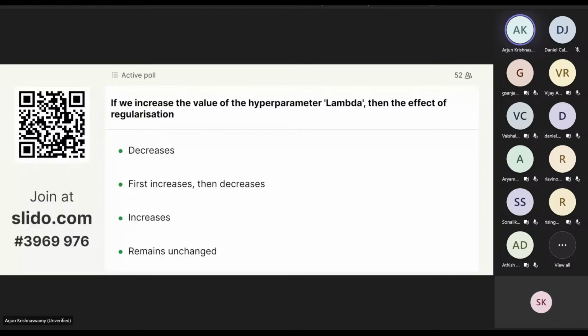I see only 52 have answered. I hope you are able to scan it and answer the question.